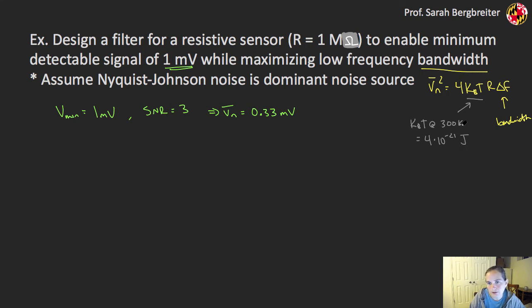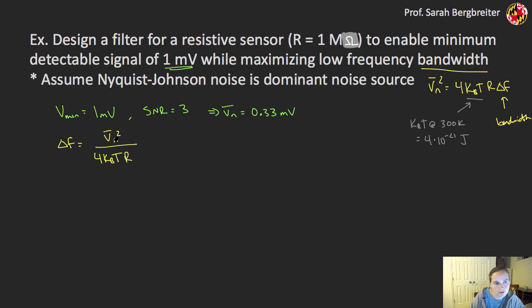So now I have everything I need for calculating what this bandwidth is going to be. I have the noise that I'm trying to reach here, I have my kBT, I have my resistance for my resistive sensor, and so I can calculate then my bandwidth. So let me rewrite that equation in terms of bandwidth.